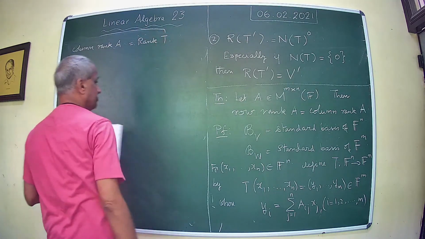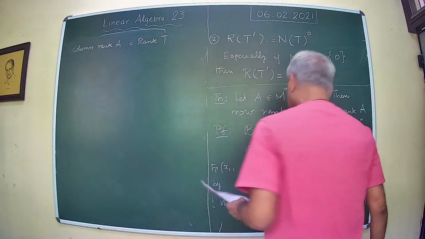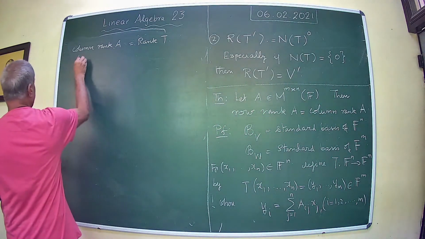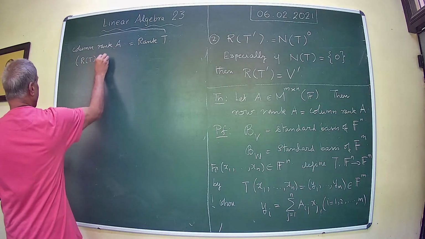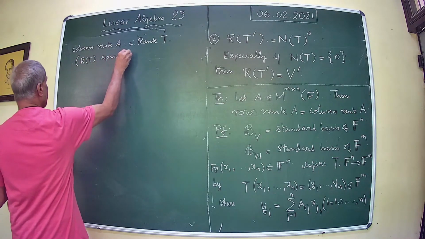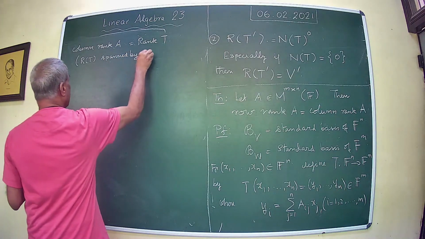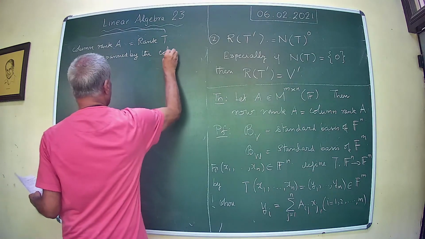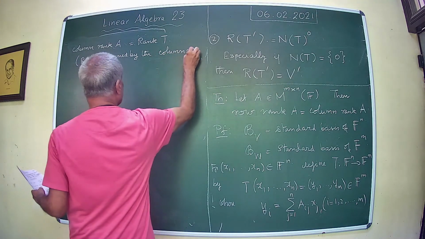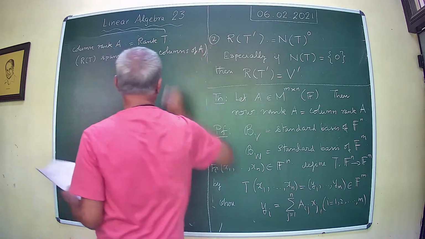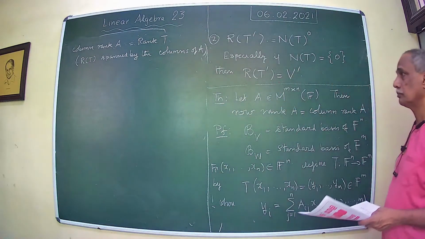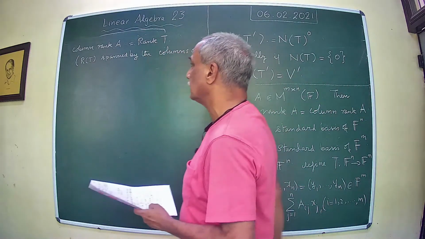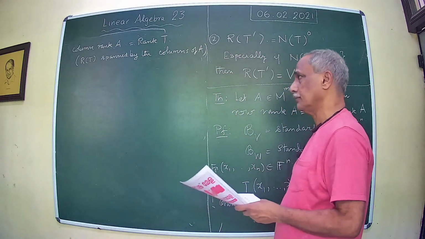Why is it the rank of T? Because you see that the range of T is spanned by the columns of A from the definition. Therefore, the column rank of A equals the rank of T, that is the dimension of the range of T. Okay.